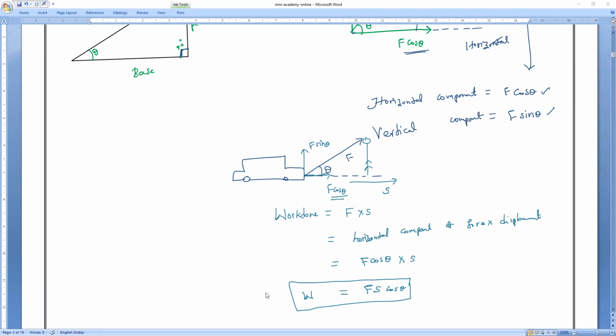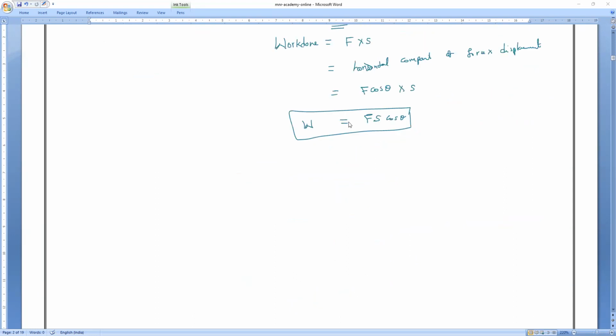Now we also have values for this. Just a few angles I will tell you. If the angle is 0, that is horizontal. If the angle is 0, notice it, that means cos 0. So cos 0 is equal to 1. So the formula turns into work done is equal to force into displacement.